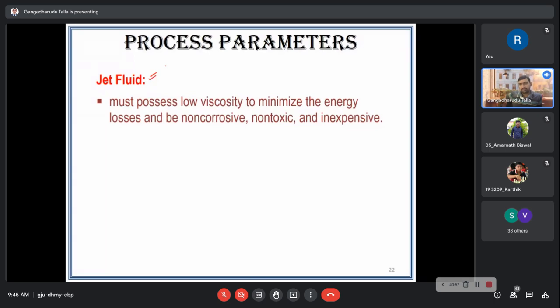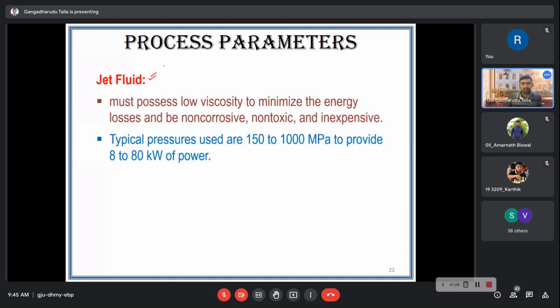It should also be non-corrosive, because the fluid is in contact with many components: tubes, intensifier, pump, etc. It should be non-toxic, so you do not get any hazardous fumes or gases. Preferably inexpensive, cheaply available. Most of these are satisfied by water.